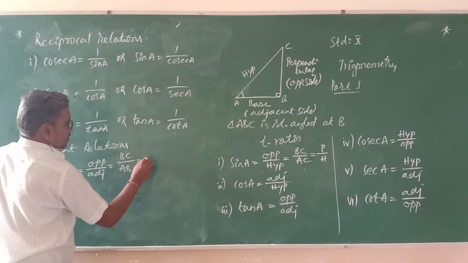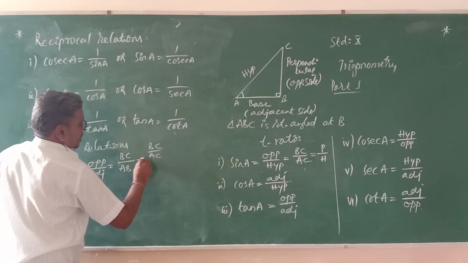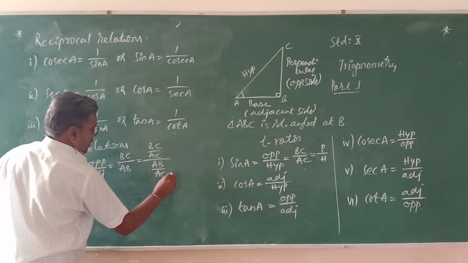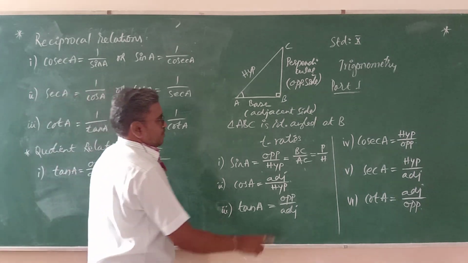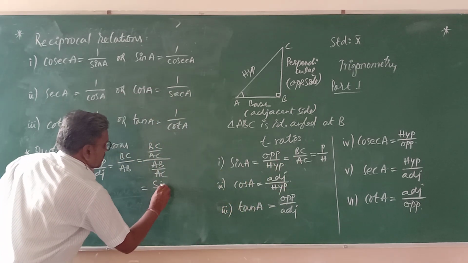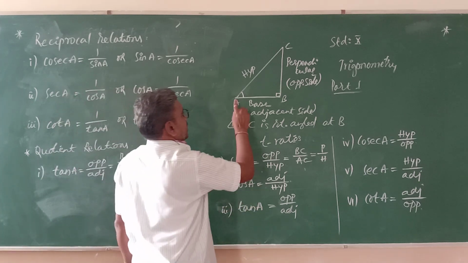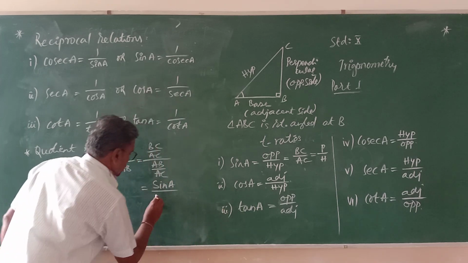If both are divided by AC, BC by AC is sine of angle A, and AB by AC, adjacent by hypotenuse, is cos.